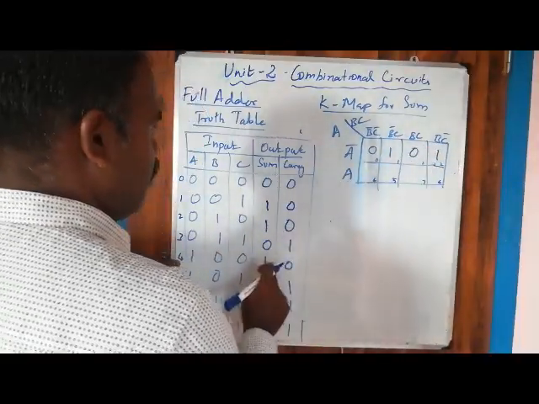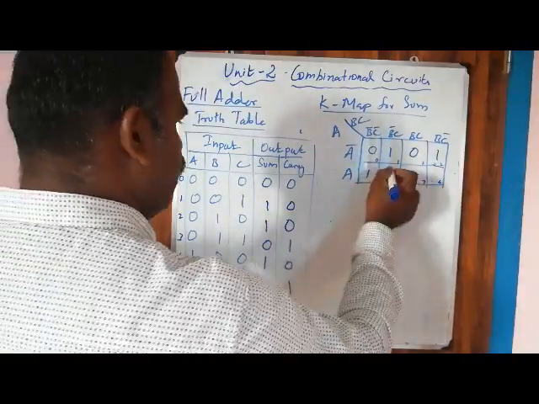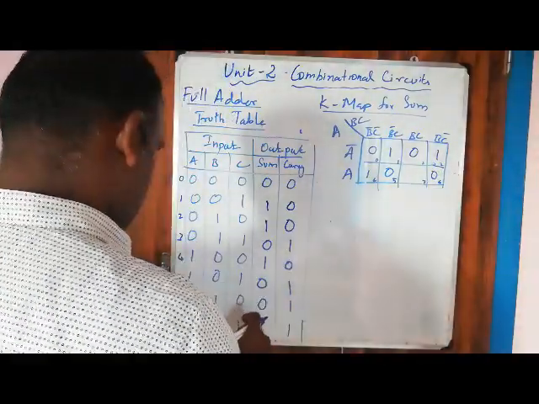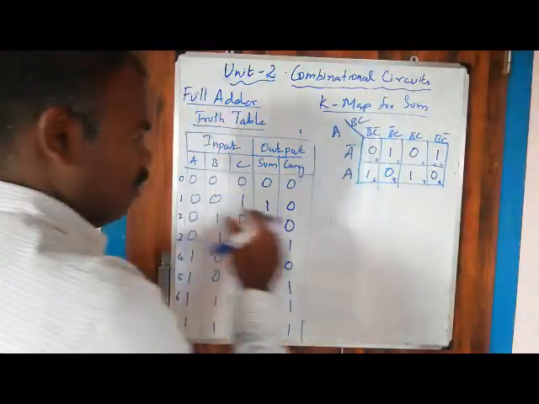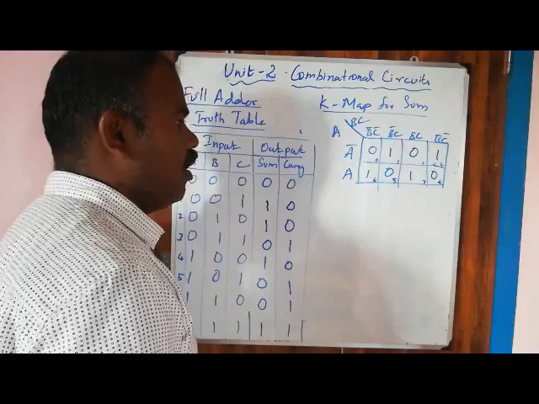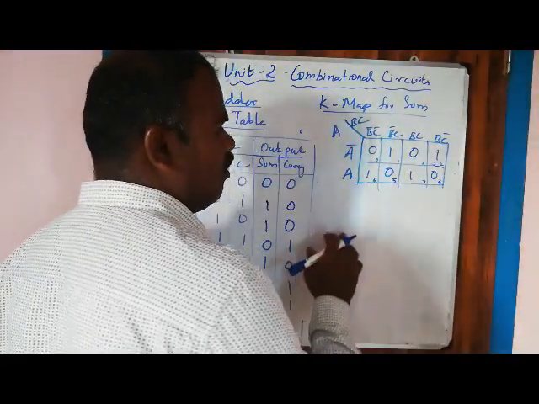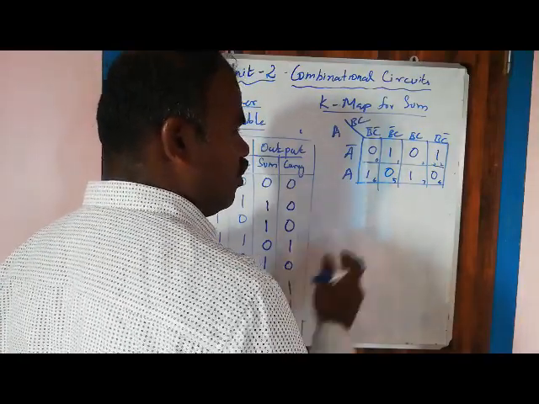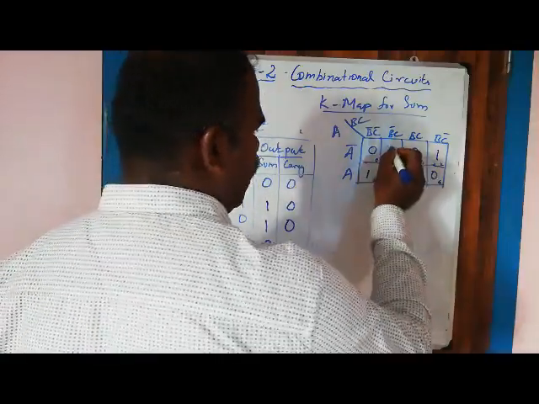And for the fourth place we put 1, and fifth place 0, and sixth place also 0, and seventh place we put 1. Now we have to group the ones. An 8-1 group is not possible, a 4-1 group also not possible, 2-1 group also not possible. So we can group like this only.